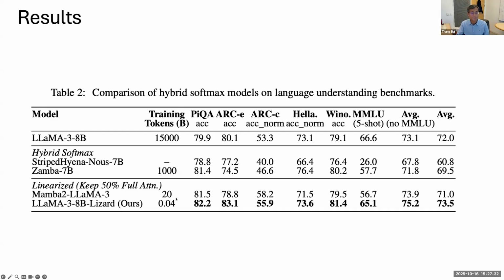When we compare with other hybrid approaches, for example, MambaInLlama, they need 20 billion tokens to train, compared to our only 40 million tokens, and other hybrids require much more, like the hybrid softmax Zamba model. On average, both with and without MMLU, we are better than previous methods.